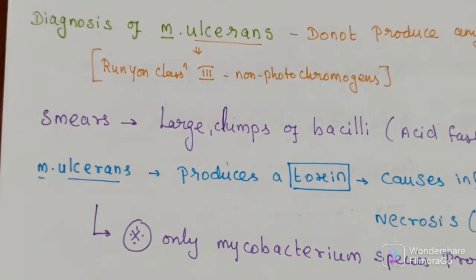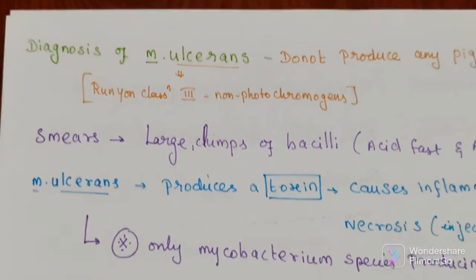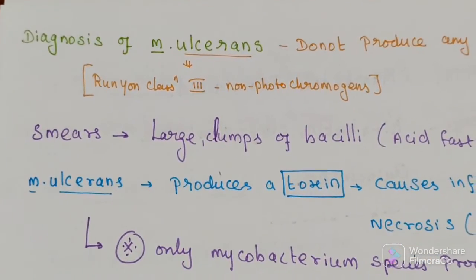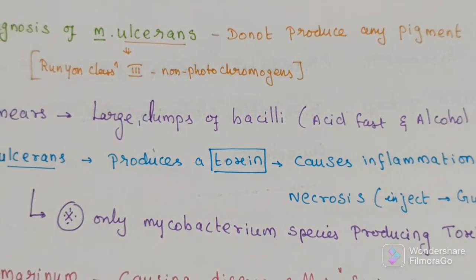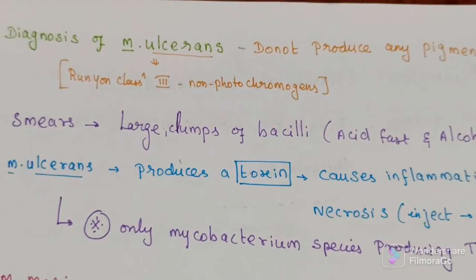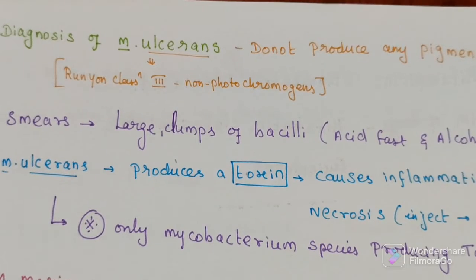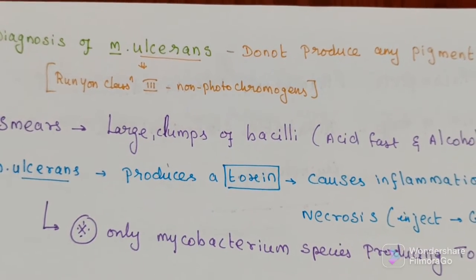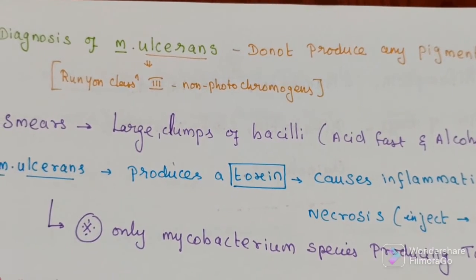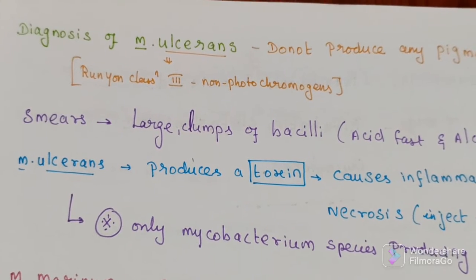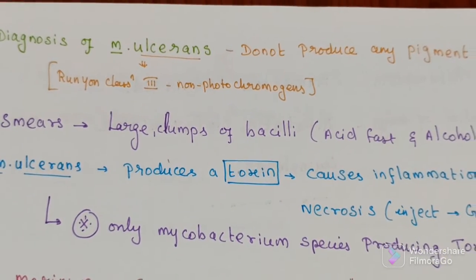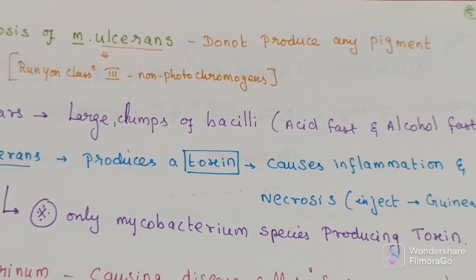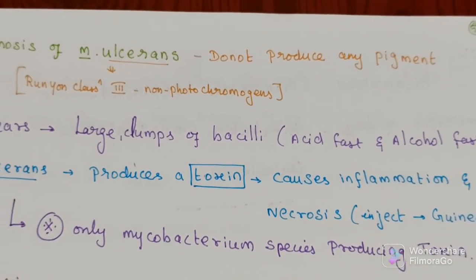Diagnosis of Mycobacterium ulcerans: they do not produce any pigment, according to group 3 of Runyon's classification, which are non-photochromogens. Diagnosis rests on the presence of large clumps of bacilli which are acid fast and alcohol fast.